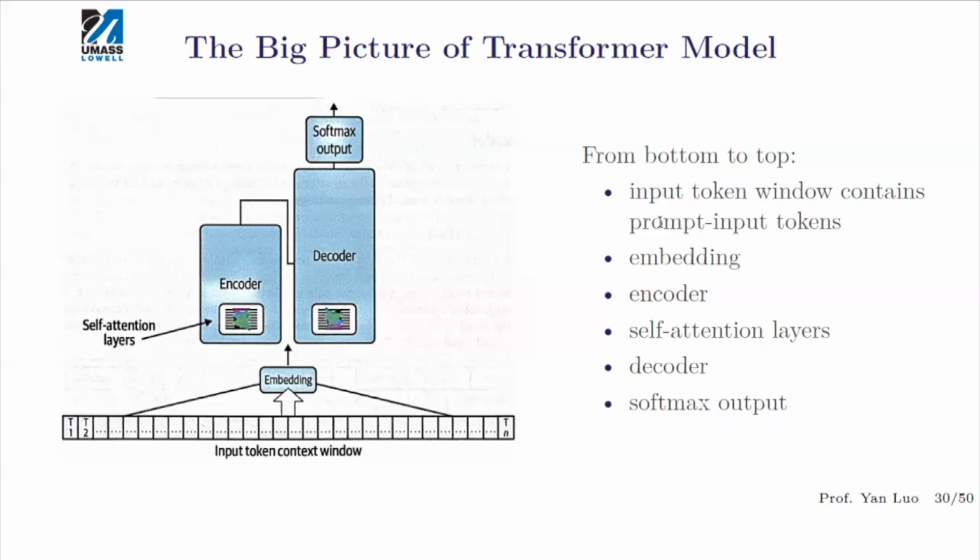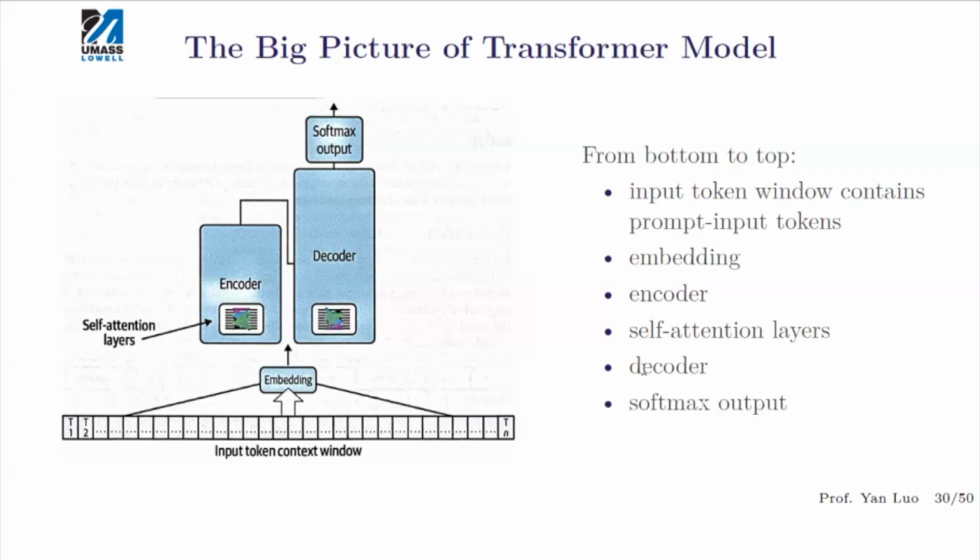So from bottom to top, we have the input token window that contains the prompt input tokens. Embedding maps that to a multi-dimensional vector space. And the encoder will produce the output to represent their features. And within this encoder, we have the self-attention layers. This is the important concept we'll explain next. These self-attention layers are used in both encoder and decoder.